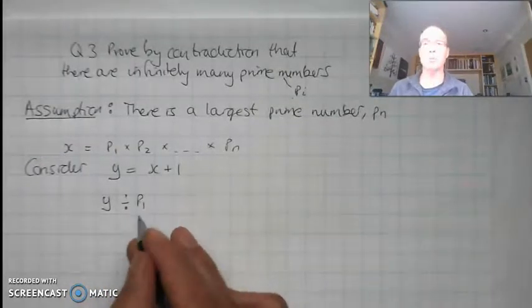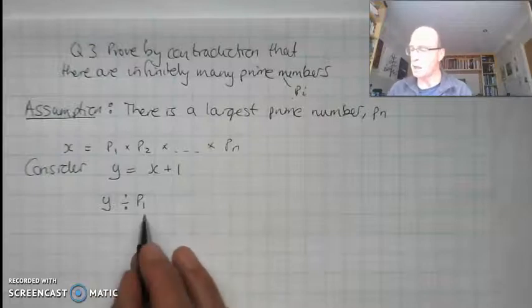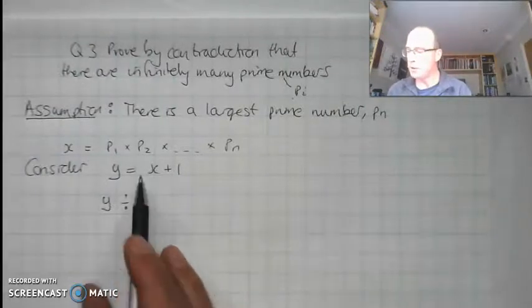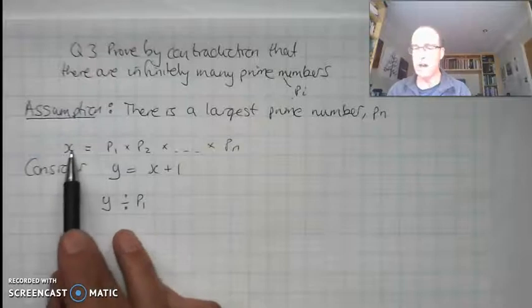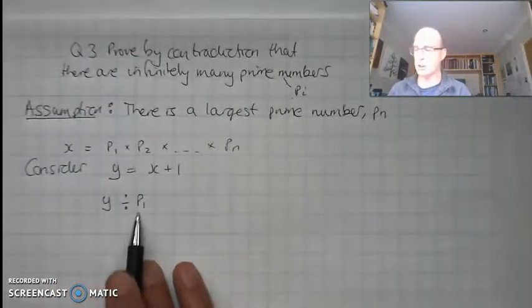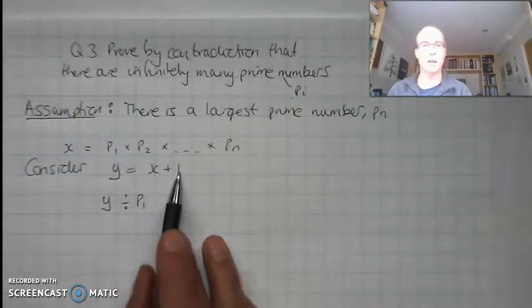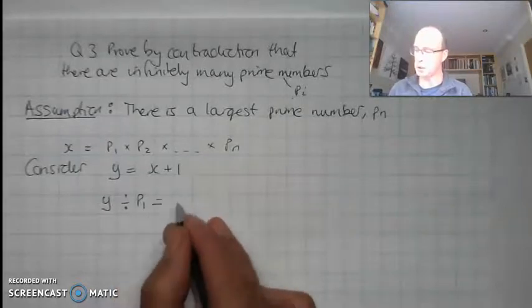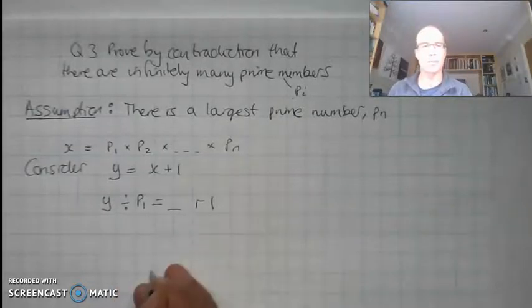So P1, the first prime number, is 2. Well, if 2 divides into x, because we know it does, because it's a factor of x, then if I try to divide it into x plus 1, I'm going to be left with a remainder of 1. So it's going to equal something with a remainder of 1.